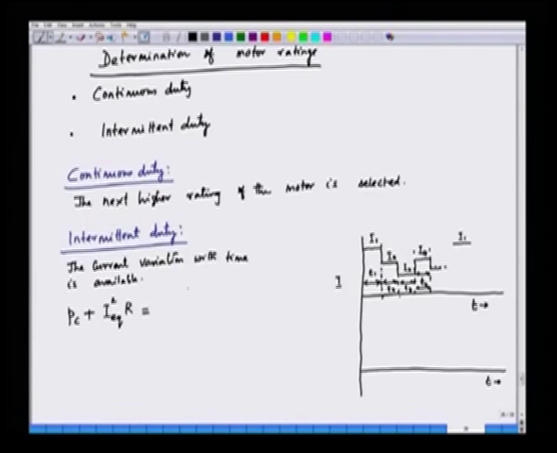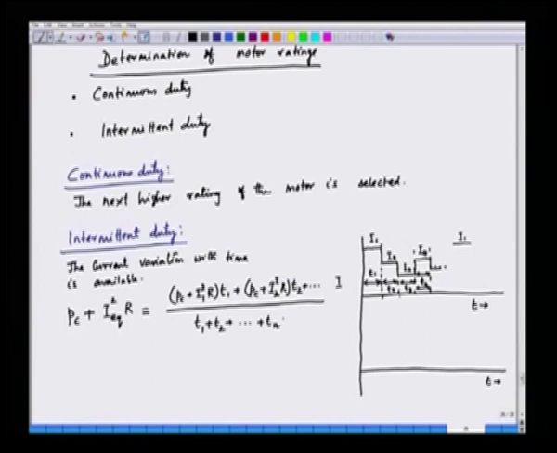And then we have each interval here, maybe T1 to Tn. So, we can say that it is Pc plus I1 square R for the time T1, plus Pc plus I2 square R for the time T2, and so on, divided by the time T1 plus T2 up to Tn.